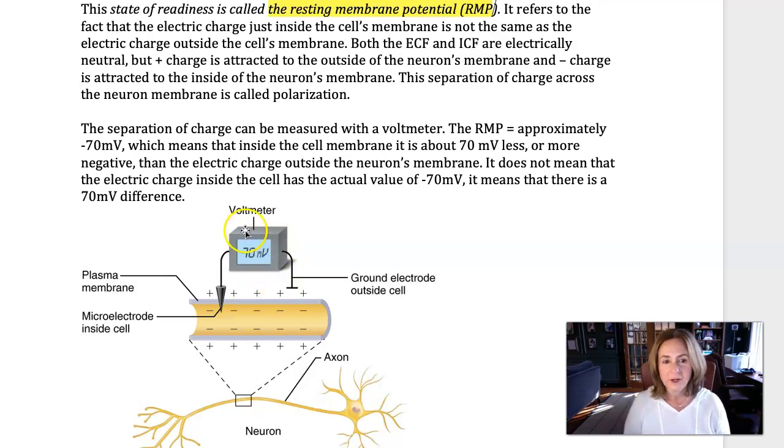Typically neurons are going to rest around -70 millivolts, meaning that inside of the neuron cell membrane, it's -70 millivolts compared to the outside. I explain that here in the notes. This separation of charge that we see is known as polarization.